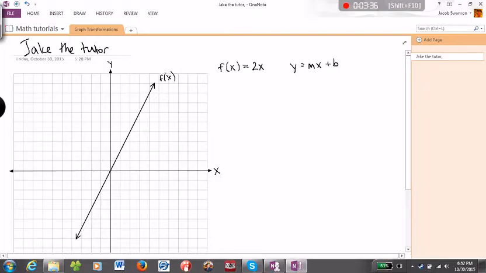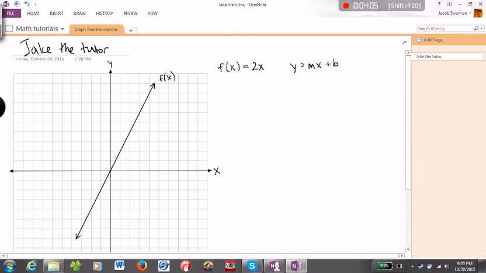This is going to be the basis of how we understand shifting things vertically. Suppose b is 0, as in our case: f of x is 2x, and if we had a plus 0 on the end, 0 would be b. So our line crosses the y-axis at 0, which we see in our graph.